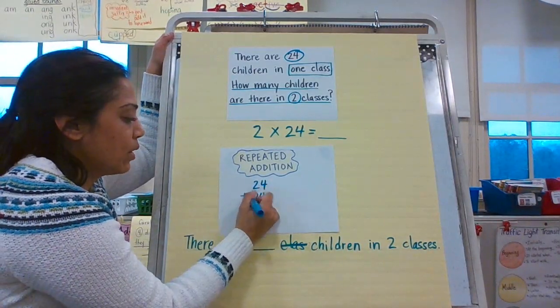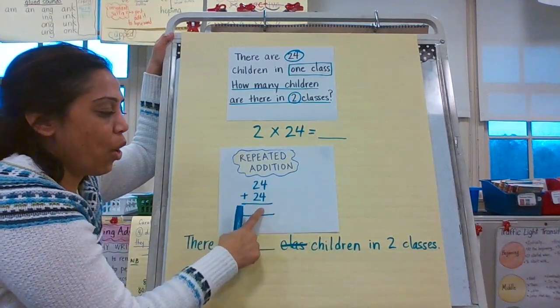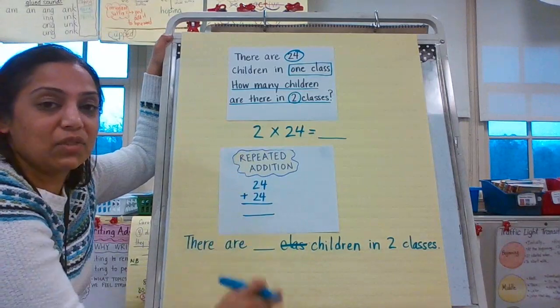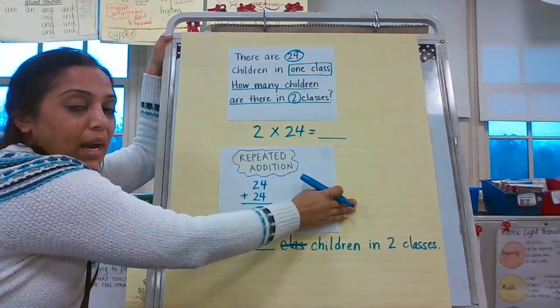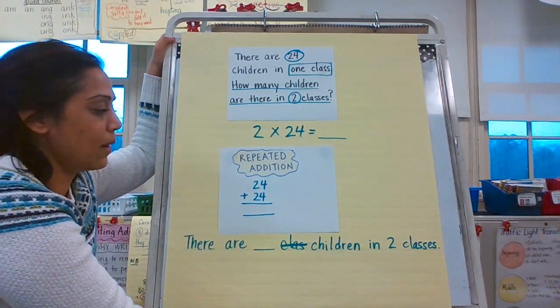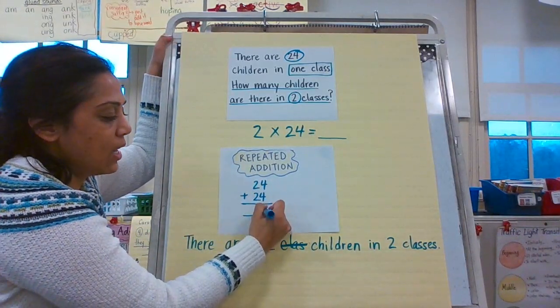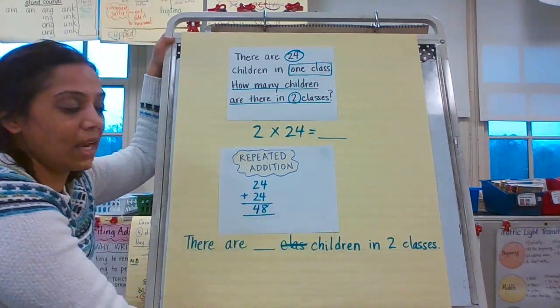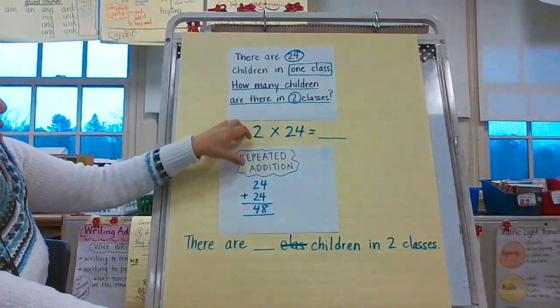And I don't forget my symbol, and then I begin to add. Notice I always line the numbers up on top of each other in place value. We do not write going across because then it's hard for me to see your calculations. Okay. So 4 plus 4 is 8. 20 plus 20 is 40. So it's 48. That's repeated addition.